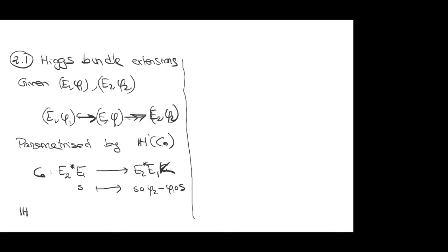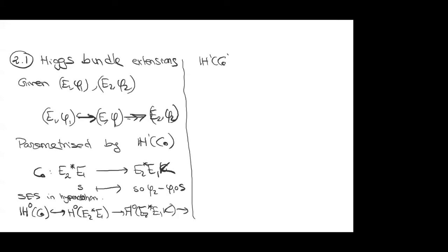So if you're not familiar with hypercohomology, this is totally defined by a long exact sequence. So we have H0 of the complex is, well, and so on H1 of C2 of C0, H1 of E2, E1, okay, and then H2.